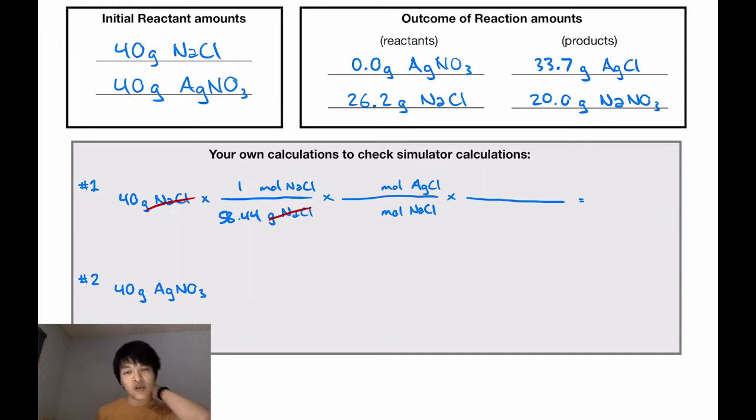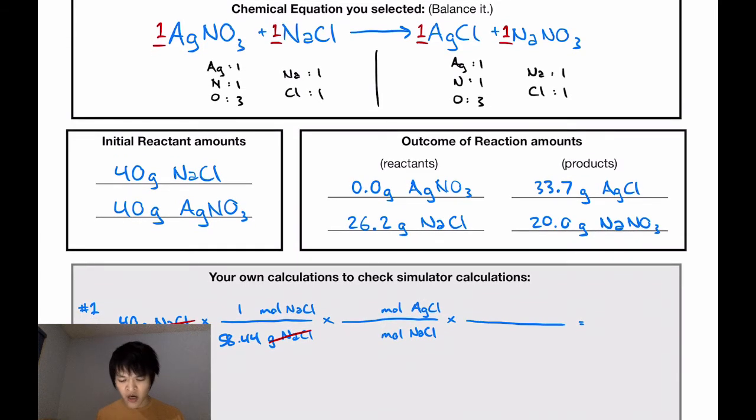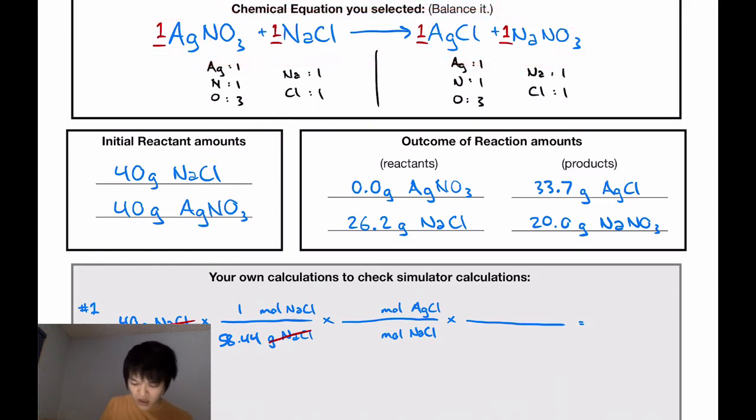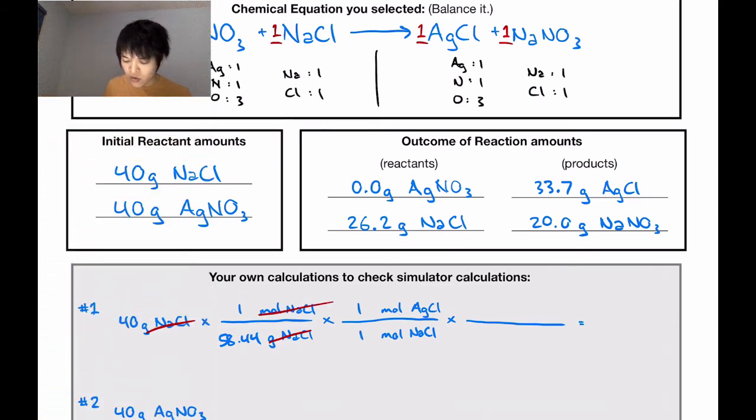For a mole ratio, you're supposed to look at the balanced chemical equation. And earlier, when I tried to balance it, I learned that it's actually already balanced. So according to my balanced chemical equation, there's 1 mole of silver chloride, and there's 1 mole of sodium chloride. Okay, the unit that cancels out is moles of NaCl and moles of NaCl.